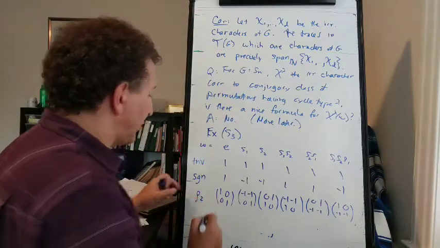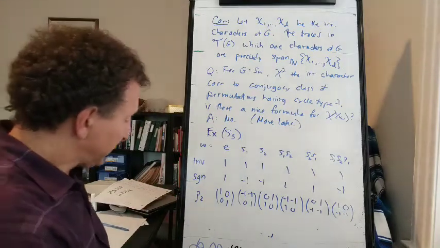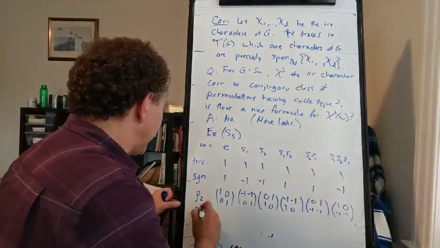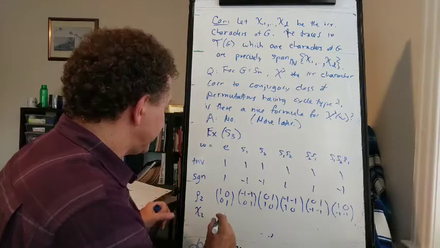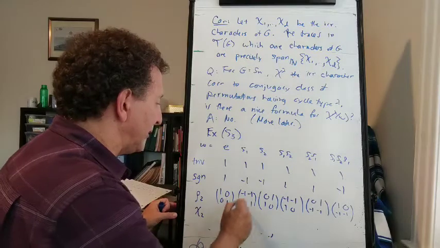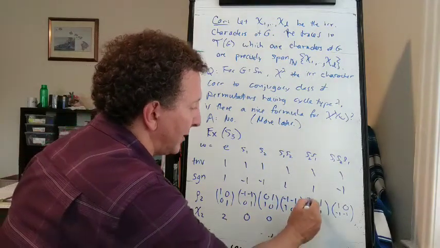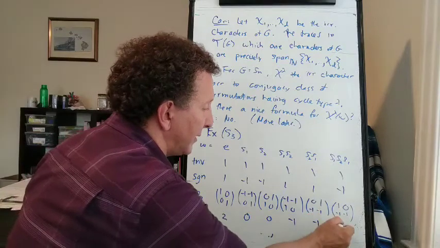Let's call this rho 2 because it's two-dimensional as opposed to the one-dimensional representations. Its character, which I guess we can call chi2, is 2, the sum of the diagonal entries here, 0, 0, -1, -1, 0.